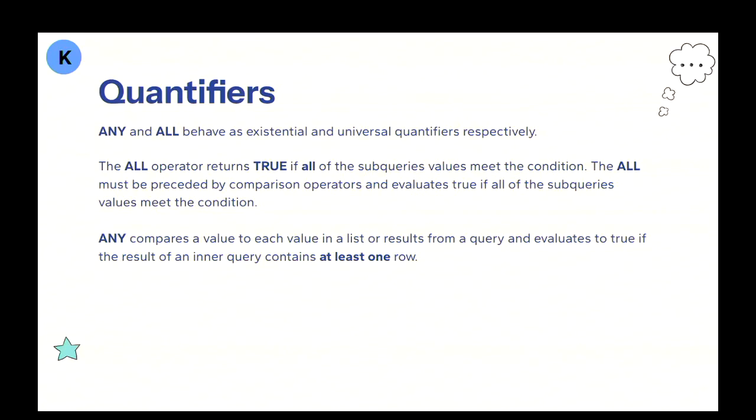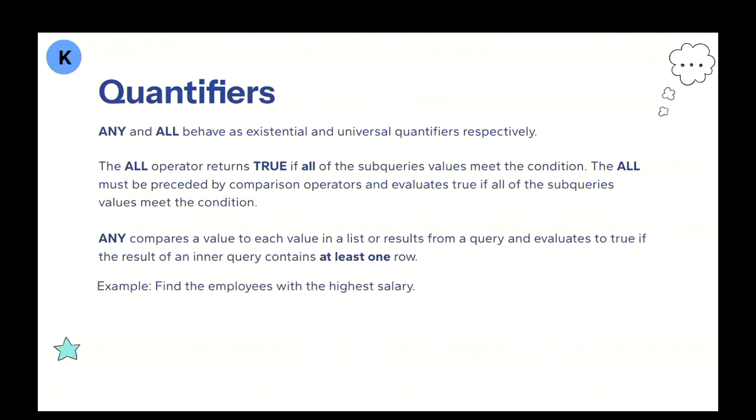And any is also used to compare with each value in the list, and the result will be true if and only if at least one row matches the condition. So that's the difference between all and any. Any means at least one, and all means all.